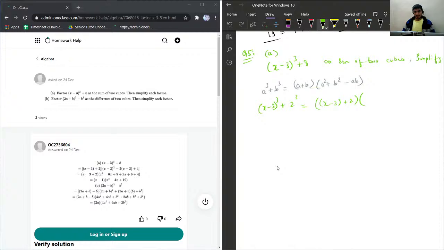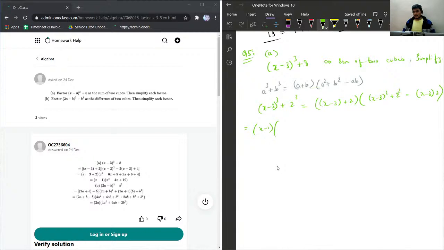Then we have (x − 3)², then 2², then minus (x − 3) times 2. Here, if I see −3 and +2, that gives −1, so x − 1.